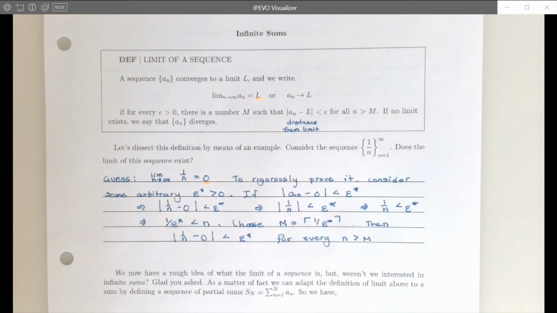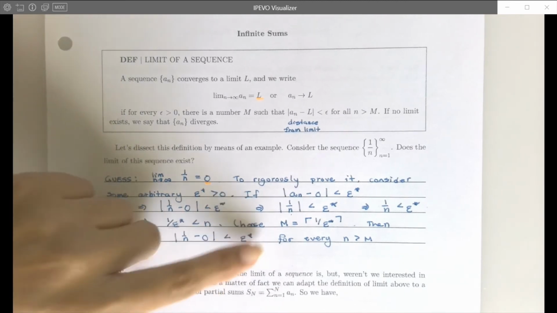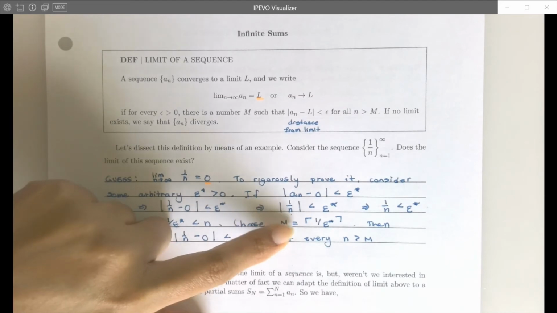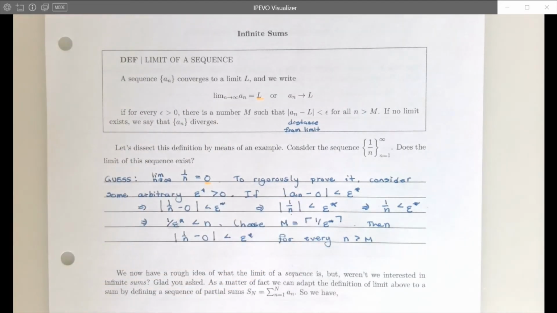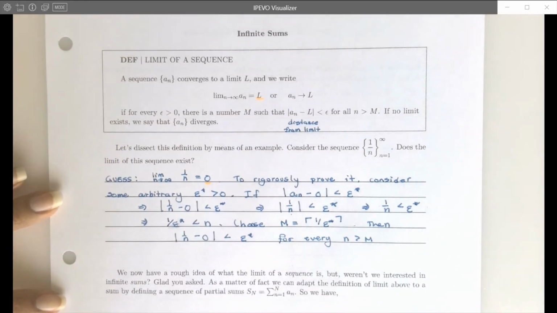Now, epsilon star was arbitrary here, so in general, if you just have epsilon, all you have to do is choose an integer m that is the ceiling of 1 over epsilon. And for any n value that is larger than that m, you're going to get a distance that is smaller than your desired epsilon.